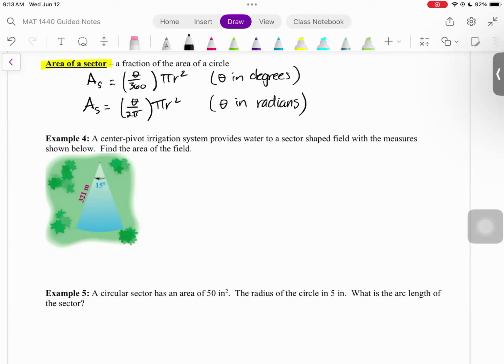A center pivot irrigation system provides water to a sector-shaped field with measures shown below. Find the area of the field. So the length of that irrigation system is going to be 320 meters, and it's going to provide water for a sector that has a central angle of 15 degrees. Since we're being measured in degrees, the area of this sector is going to be 15 over 360 times pi times the radius squared.